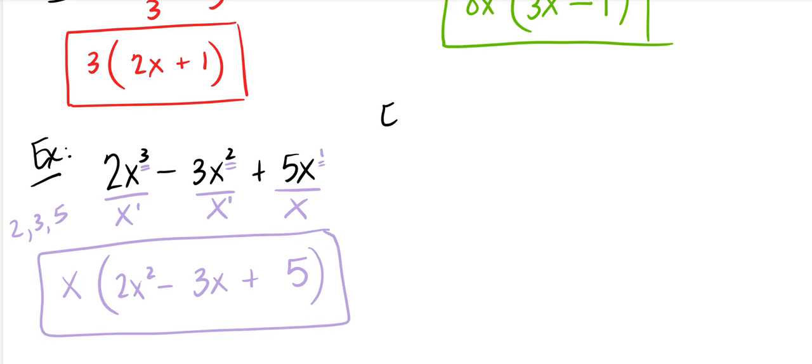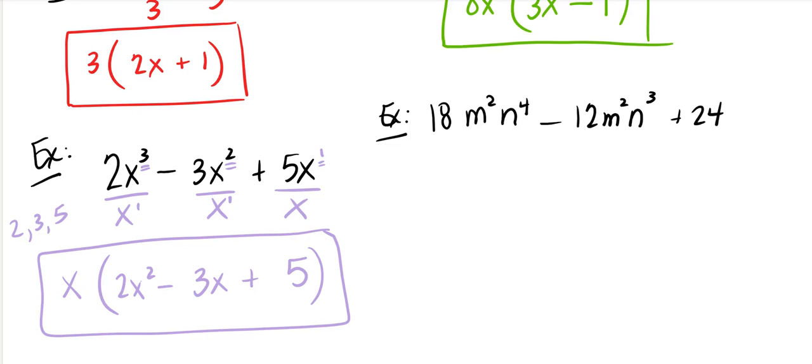Let's get one more that's a little bit more challenging. 18 m squared n to the fourth minus 12m squared n to the third plus 24 m n squared. So we need to start with our 18, 12, and 24.